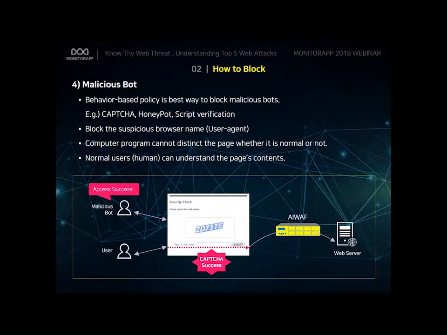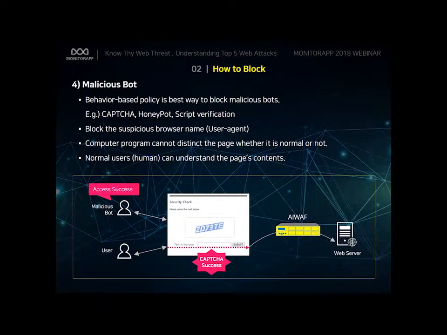With CAPTCHA, for example, a bot may recognize the connection is successful because the web page is connected, but a person may understand and act on the view and enter the contents of the photo and then access the actual web page. Therefore, this is a way to distinguish a bot from a person by using the fact that a computer does not understand the contents of the page.